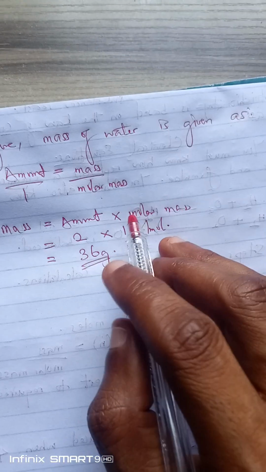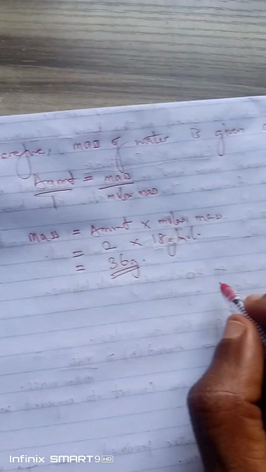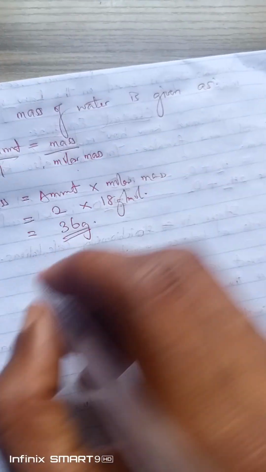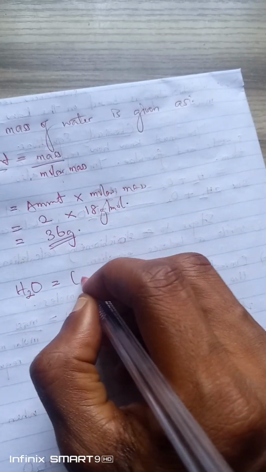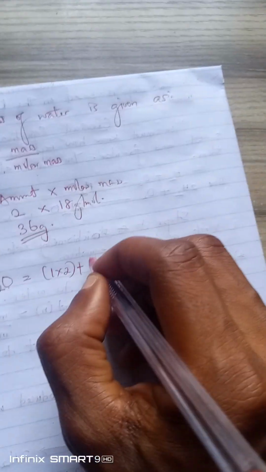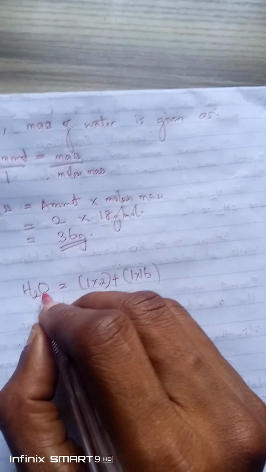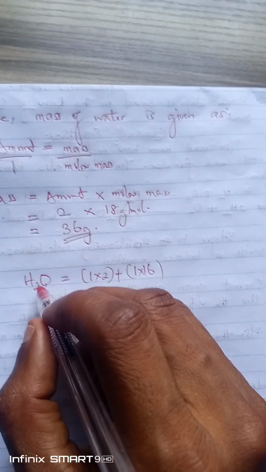But if you are still wondering where this 18 is coming from, 18 is the molar mass of what? Water. Let me show you here very quickly, though this one is not part of the question. Water is H2O, and don't forget that the mass number of hydrogen is 1, so we have 1 times 2, plus oxygen is 16, which is 1 times 16, because we have 1 atom of oxygen. That is why we use 1 here, and we have 2 atoms of hydrogen.